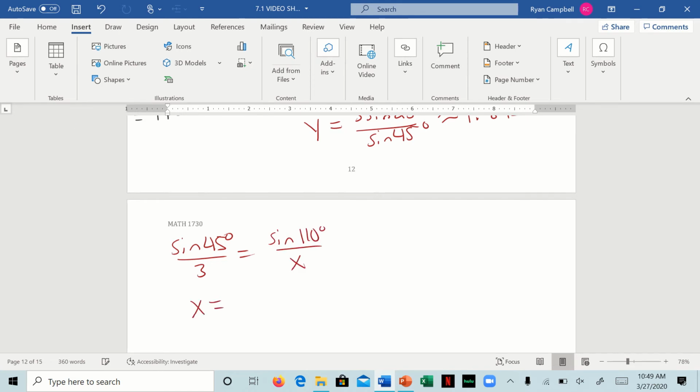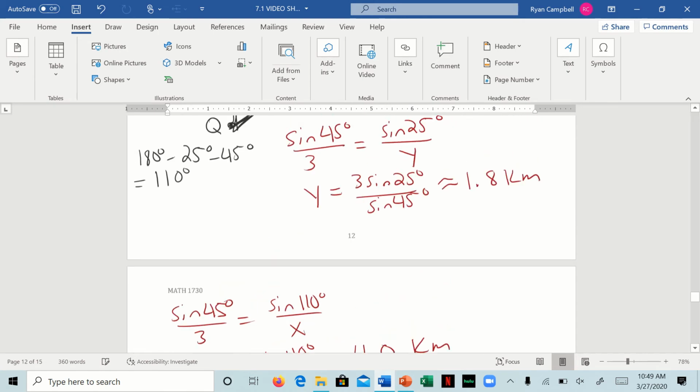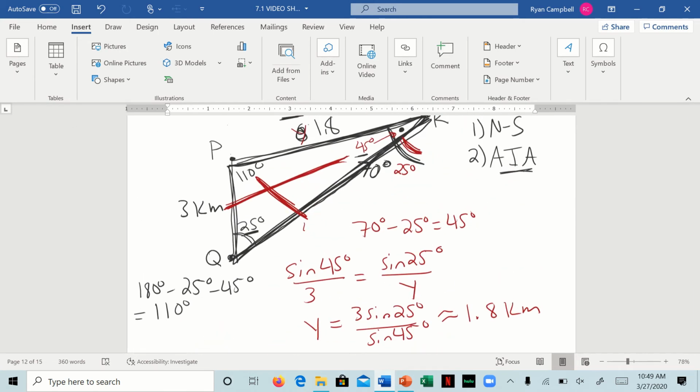So x is equal to 3 times sine of 110 over sine of 45, which means x is about 4.0 kilometers. So this right here, 4.0 kilometers.